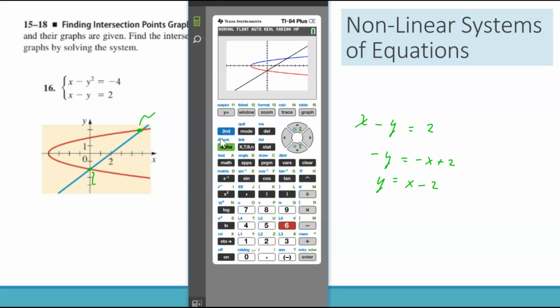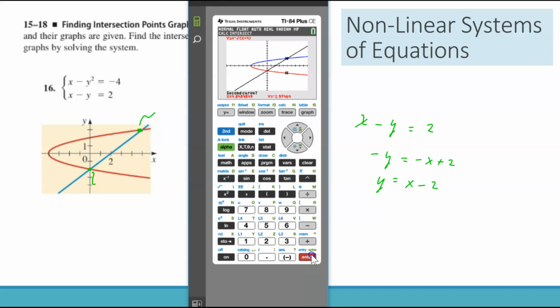Now to find the intersection point, we go into second calc. Option number 5 is intersect. We have to be a little bit careful here because we have three equations in there. When I look at what equation I'm on, it's the positive square root of x plus 4, so that's where I want to be for this intersection point.